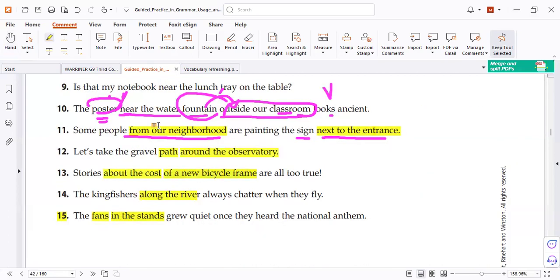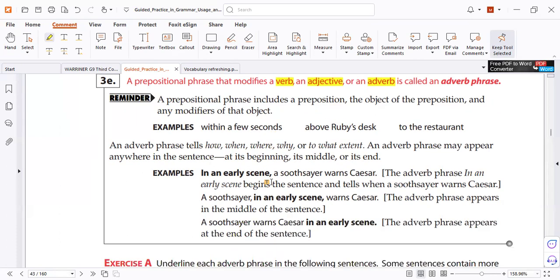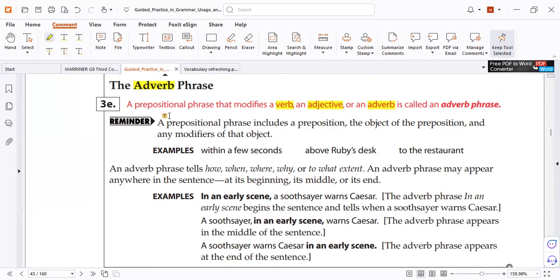Now we need to go to the preposition phrase again, but this time the phrase after a verb, after an adverb, after an adjective. So the adverb phrase can be after all of these. That's why we call it adverb, because an adverb modifies a verb or adjective, right? Of course, as you know in English, the adverb can explain all of these.